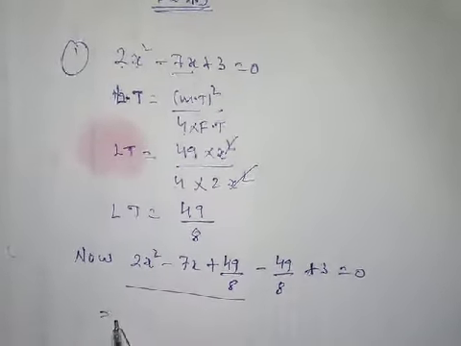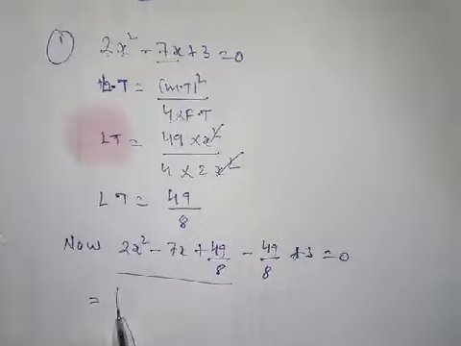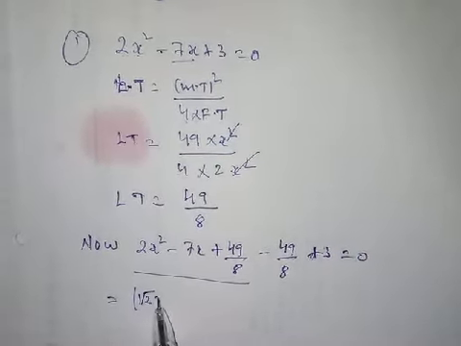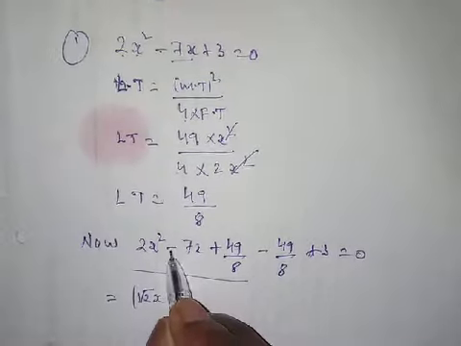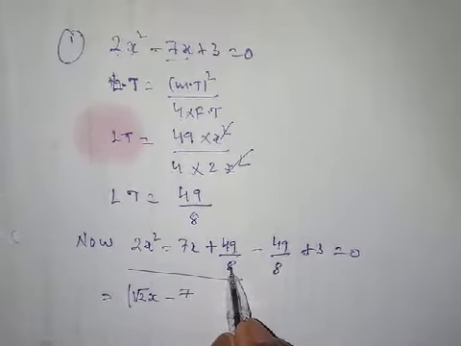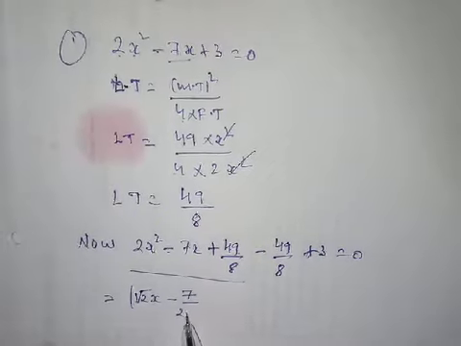Okay, so what is the root of this? Root 2x − 7, root of 49 is 7, root of 8 is 2 root 2.